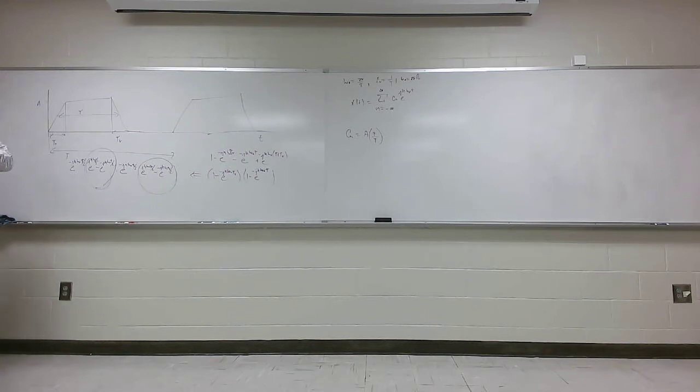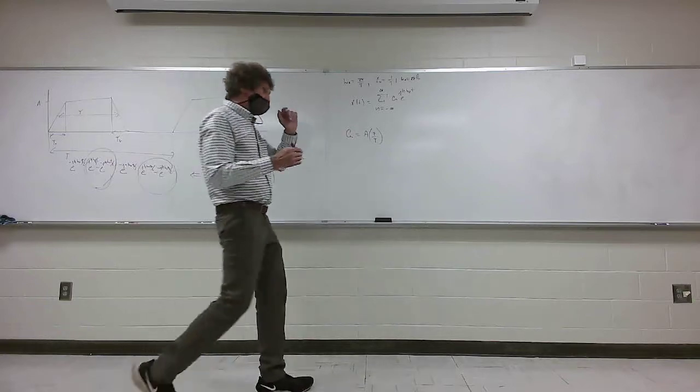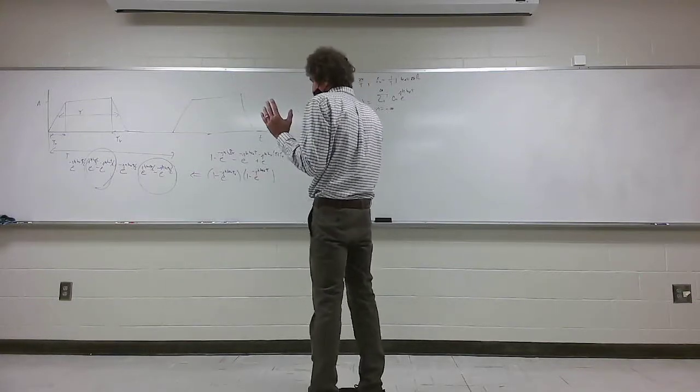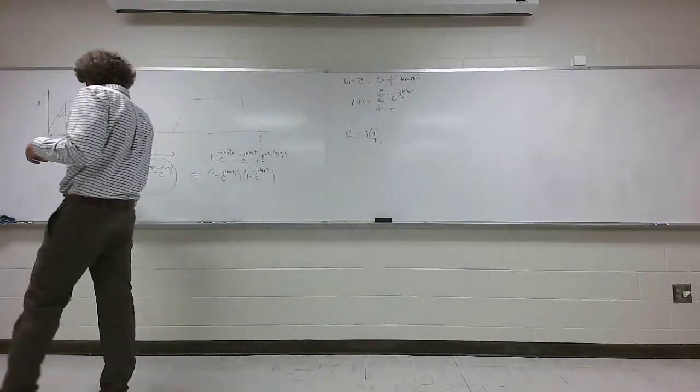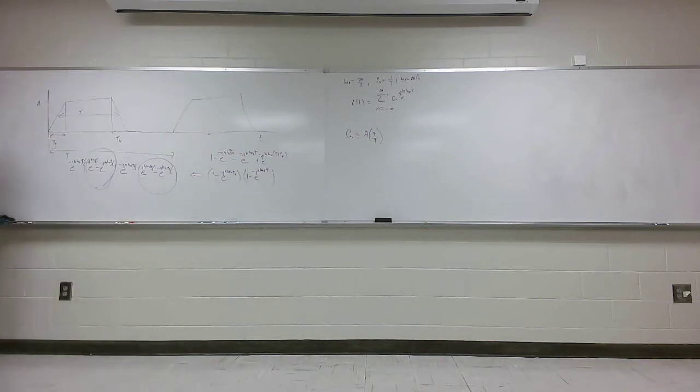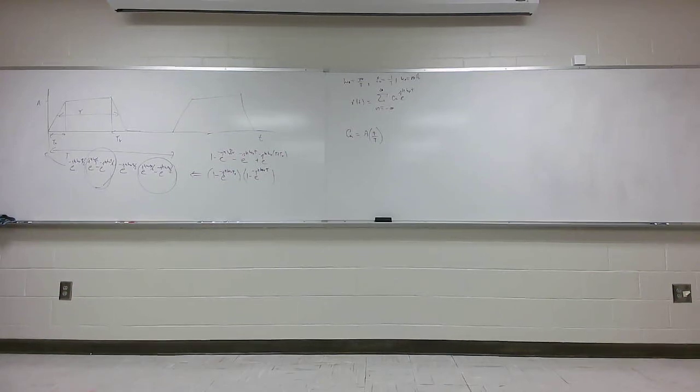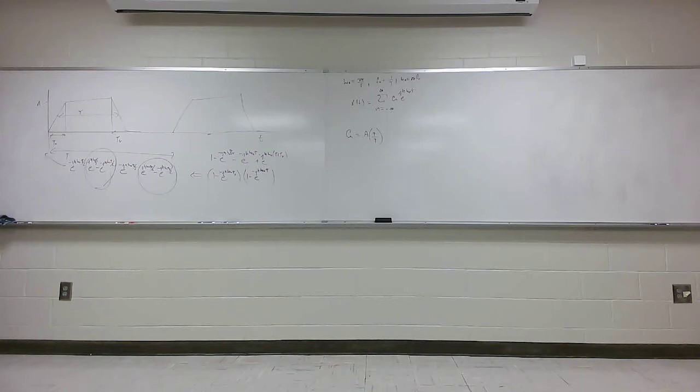Okay. So, right here, after we do that sine business, where that's a sine and that's a sine, I put this in the notes, I'm trying to save time. After we do that, we end up with e to the minus j n omega naught, and then it's going to be tau plus tau rise over 2.